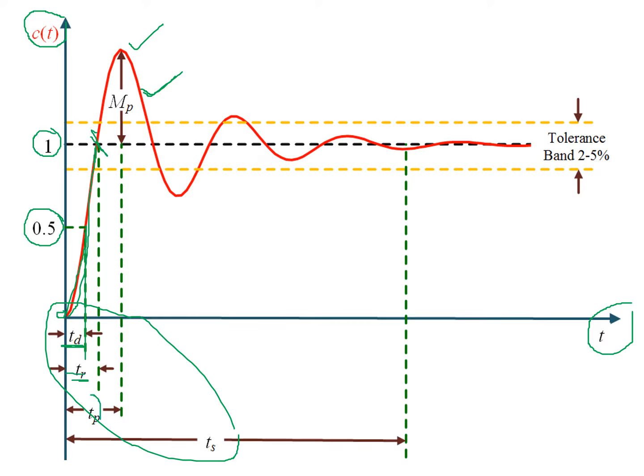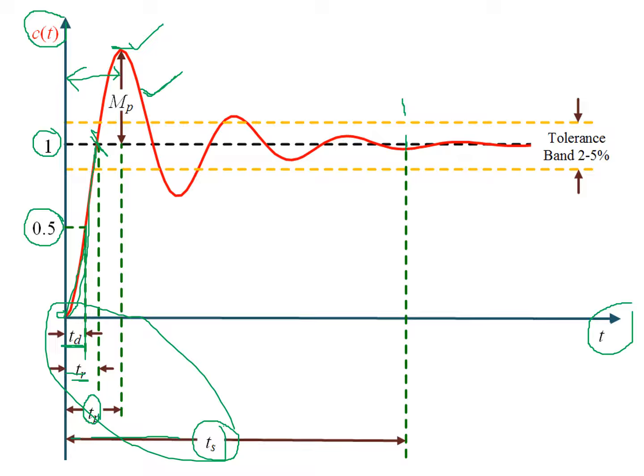Similarly, peak time is the time required by the response to reach its first peak. This is the first peak, and this duration is called the peak time. Similarly, this is the settling time, the time required by the response to reach its final value within the specified band of tolerance. This is the final value with some amount of tolerance.